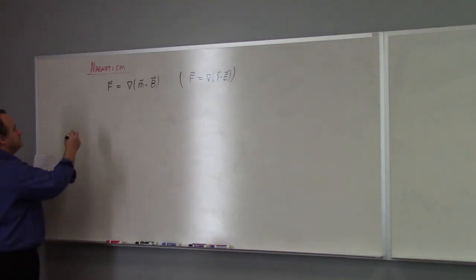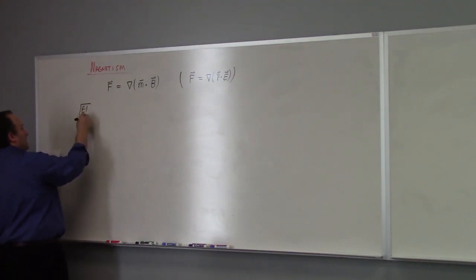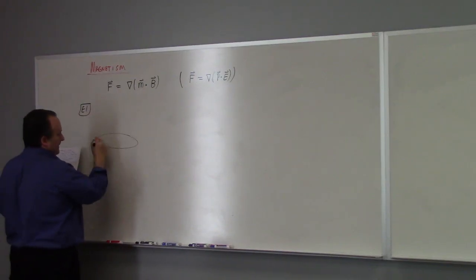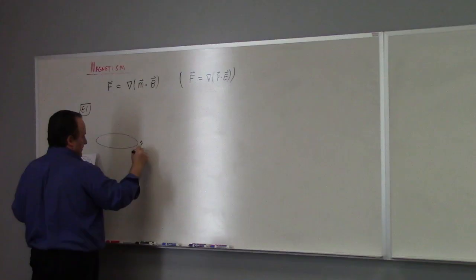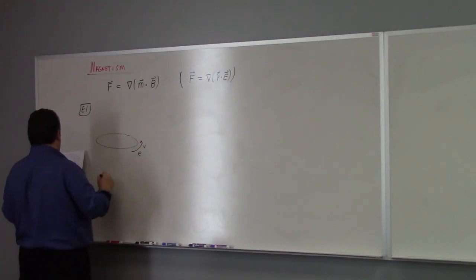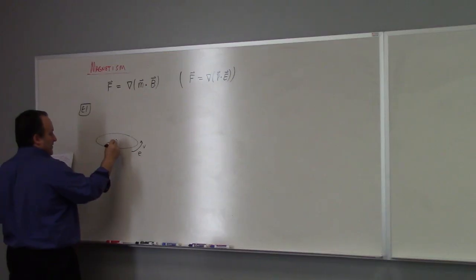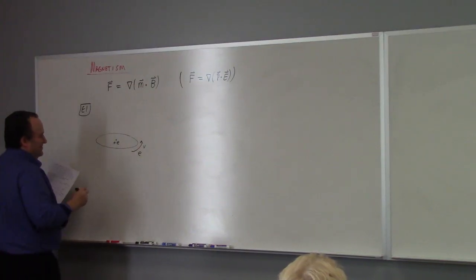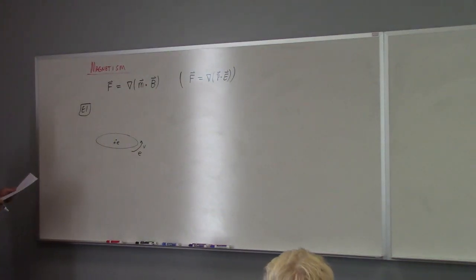Example 1: he works out in some detail the electron orbit, say with velocity v, orbiting around plus e in the middle, but I don't mean a positron, I mean the nucleus.